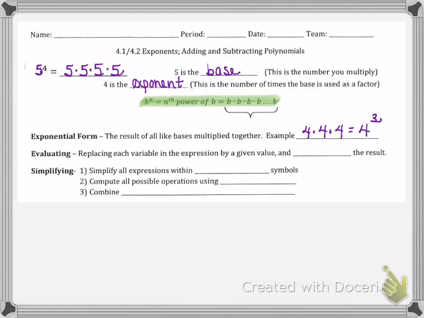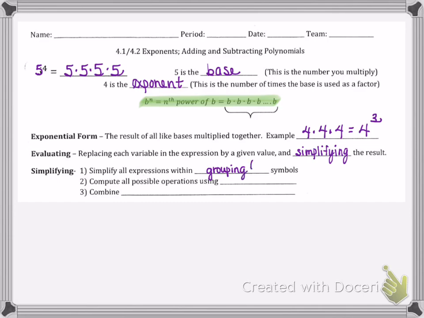Replacing each variable in the expression by a given value and simplifying the result is the definition of evaluating. And for simplifying, you're going to simplify all expressions within grouping symbols.